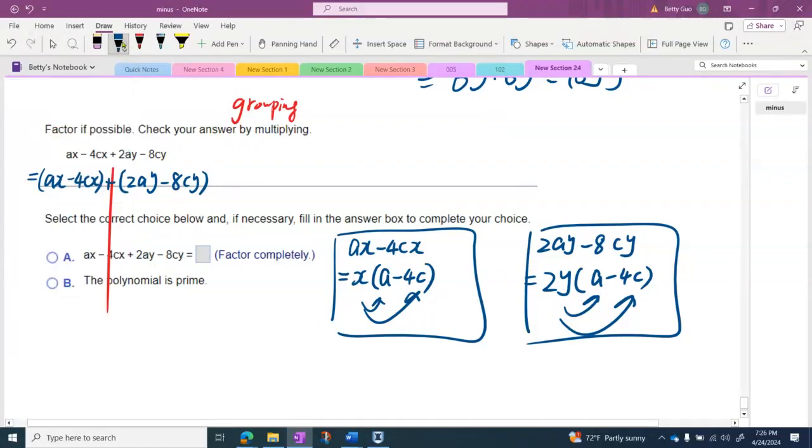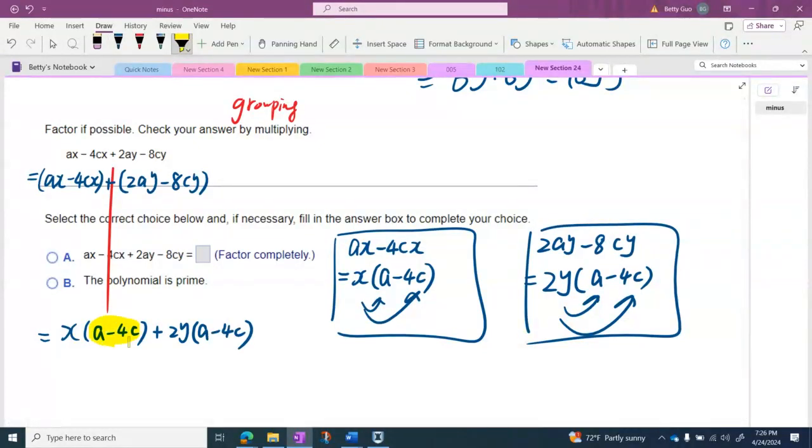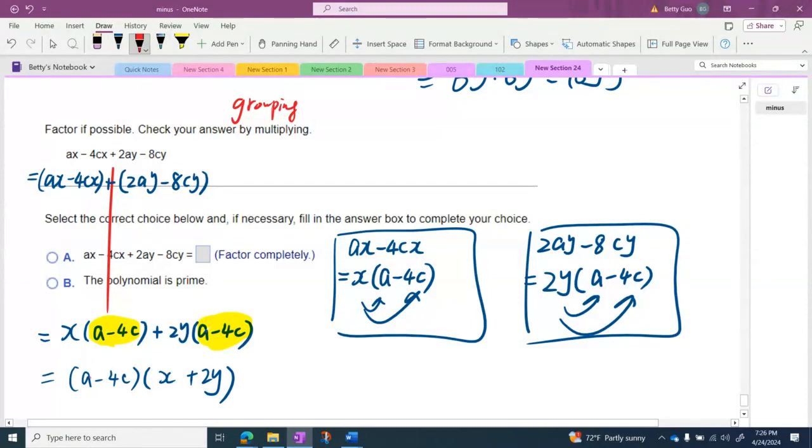The first group is x times a minus 4c, plus second group is 2y times a minus 4c. And the two groups have the same common binomial factor. We factored out a minus 4c, and left over from the first group plus left over from the second group. And we're done. A minus 4c times x plus 2y.